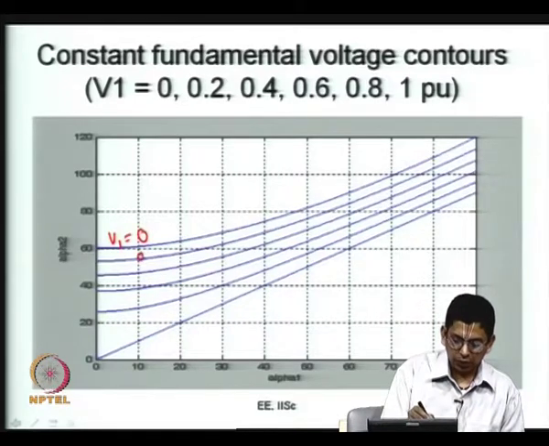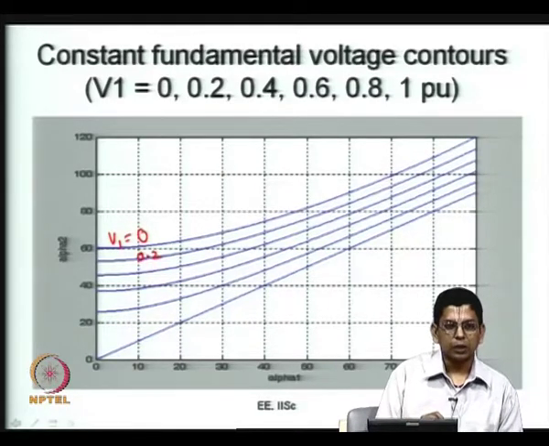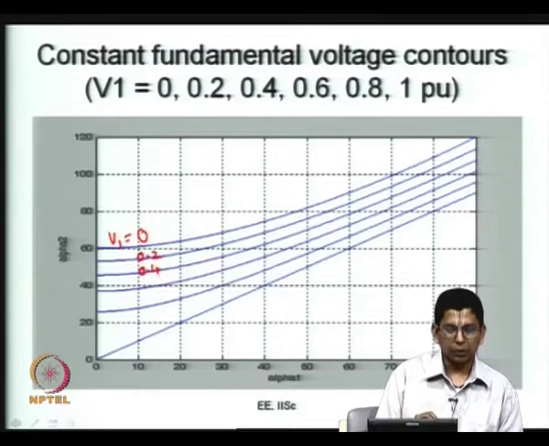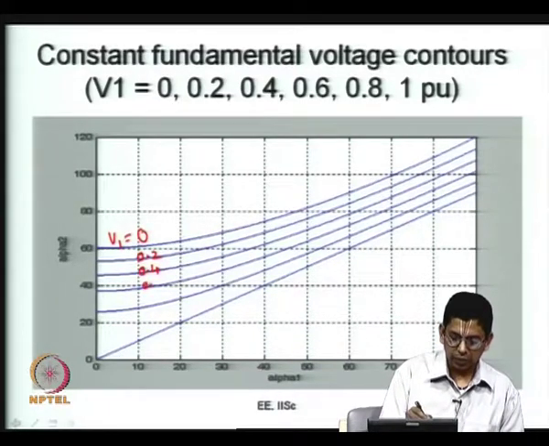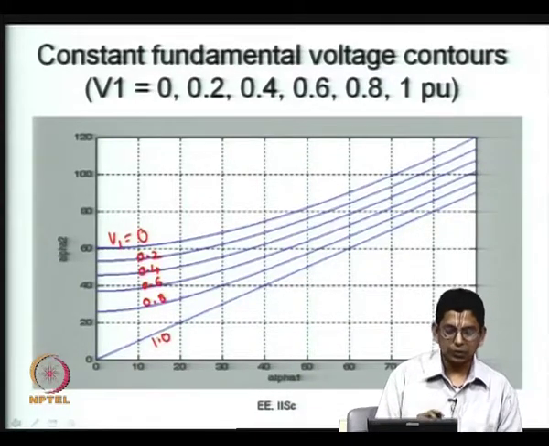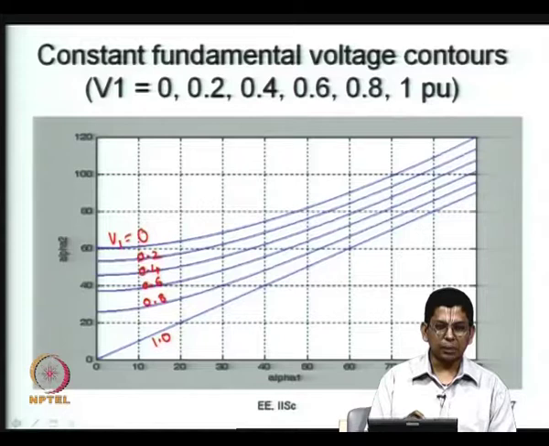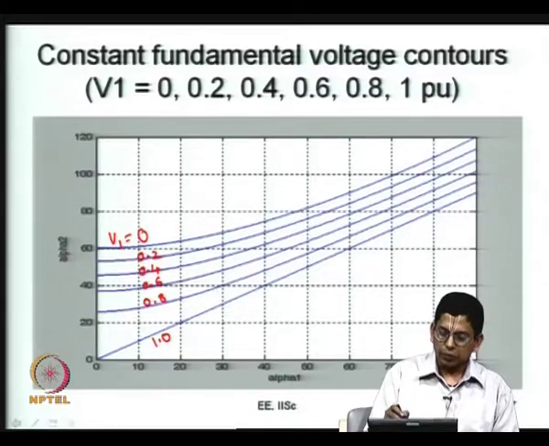Then the next one is 0.2, and the next line corresponds to 0.4 per unit fundamental voltage. Then this is 0.6, this is 0.8 and this is 1.0. So, your fundamental voltages vary in this fashion. If you want 0.8, you can choose any of these points.